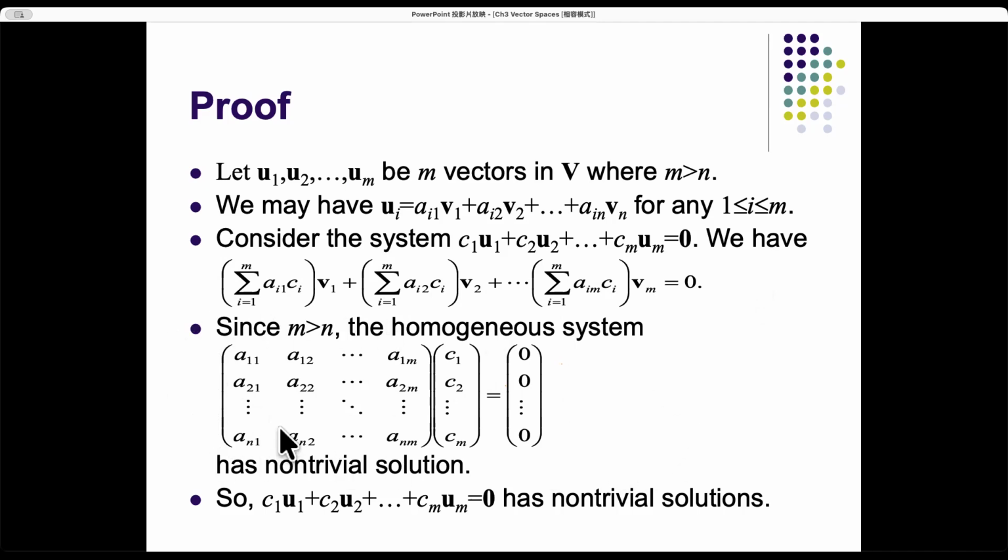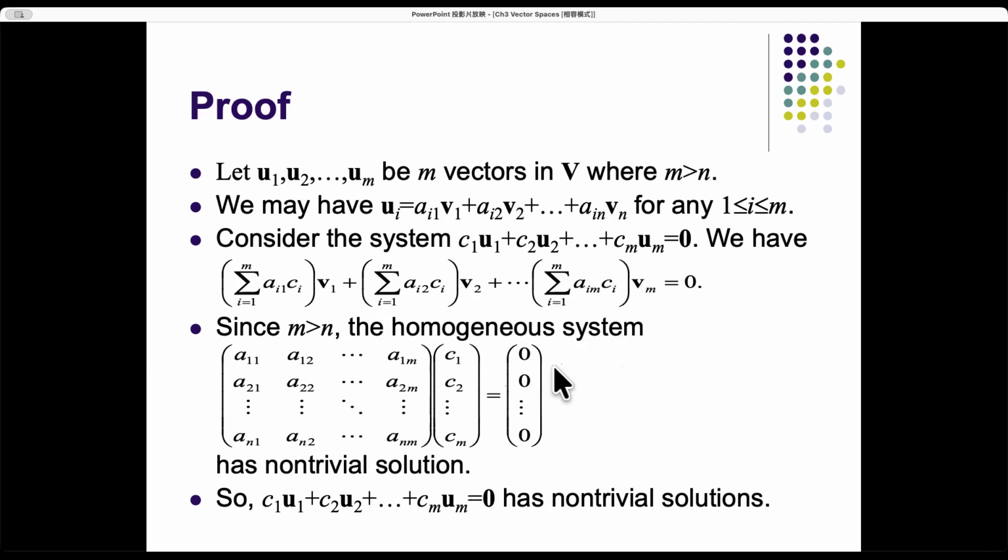Remember our purpose: to show whether or not the Ci's here have a non-trivial solution. If we have a non-trivial solution for this matrix formula, then we have pretty much shown these Ui's are linearly dependent.